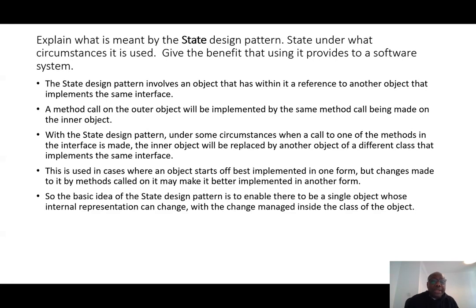So the basic idea of the state design pattern is to enable there to be a single object whose internal representation can change. That is why it's called state, from one state to another, with the change managed inside the class of the object.